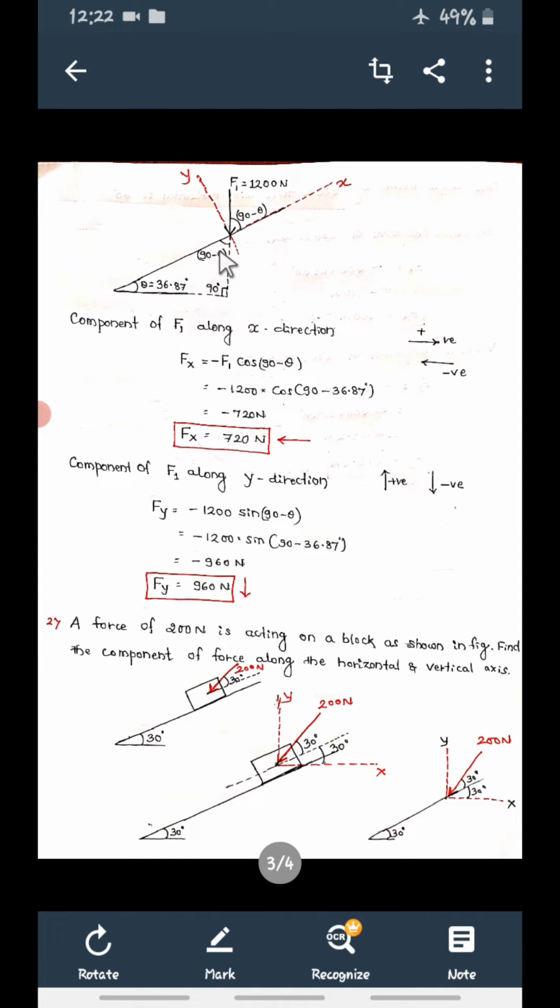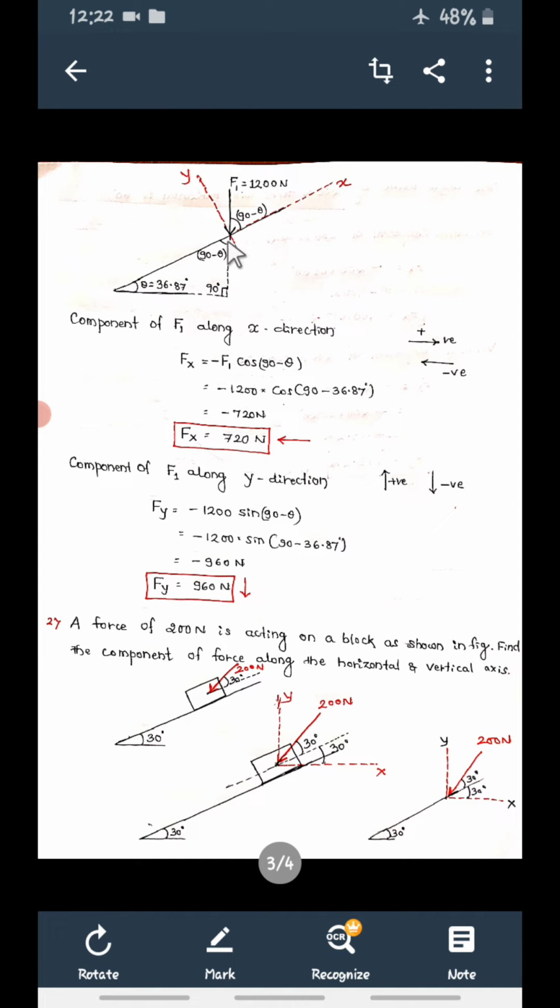So what should this angle be? 90 minus theta, because the sum will be 180. This is theta, 36.87, this is 90 degree, so this should be 90 minus theta. So that is 90 minus 36.87. Now see, this is the x axis, this is the y axis. This is the force I have extended.